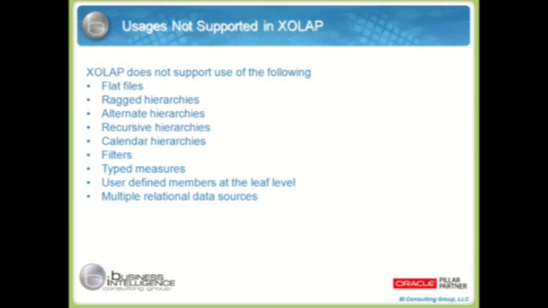The next item, ragged hierarchies. It needs to have the same level of depth in regards to the hierarchy because it's leveraging relational data sources. Alternate hierarchies. I'm probably hearing a gasp out there in the real Essbase users world, in regards to my alternate hierarchies have been taken away from me.